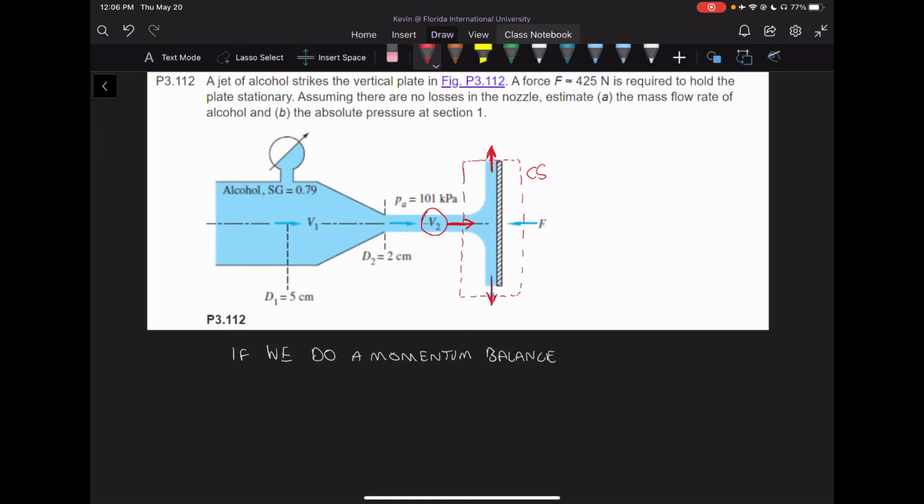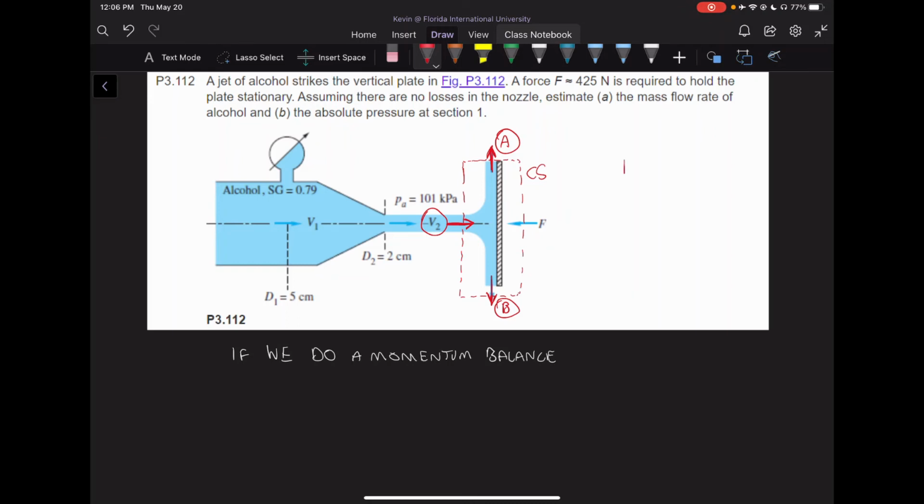We can call this A and this B. We know from experience that if the flow splits along the middle of this plate, we have half the flow going up and half going down, and A and B usually cancel in the y direction.